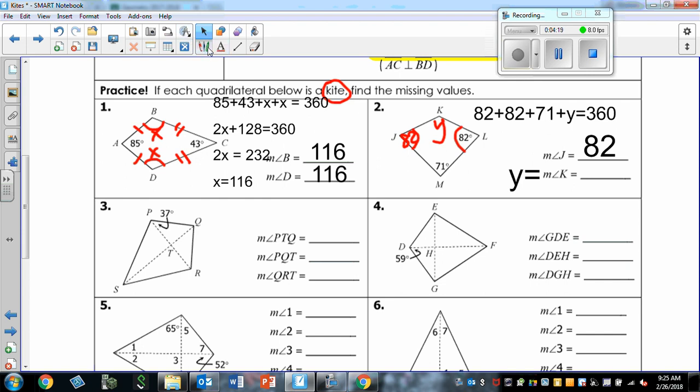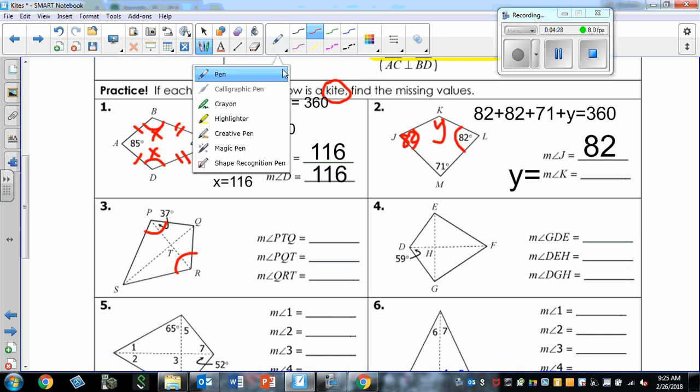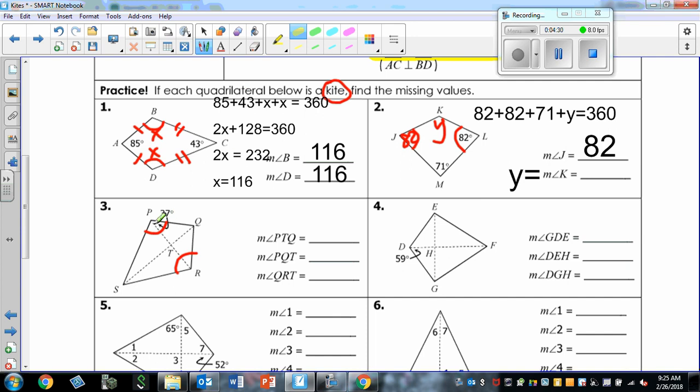On number 3, again, I know P and R are going to be the same. And even though it's not bisected, I can tell you for sure that this portion of angle P, where the 37 is, is equal to this portion of angle R. So I do know that this is 37 and so is this. So I know that angle QRT is also 37.